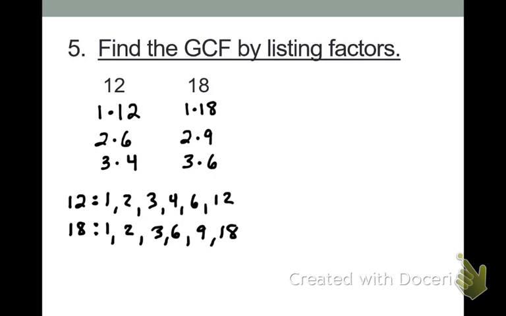Alex, what should I do next? Circle the pairs. What's the first pair you see? 1. Katie, what's the next one? 2. Carlos. There's still another one. What is it, Michael? 6? Any more, class? No.